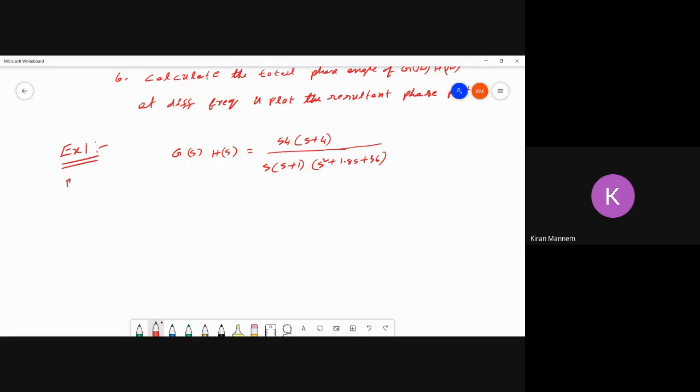So draw the Bode plot. If you have a logarithmic sheet, you try to draw this plot on the logarithmic graph. After completing this example, let us first apply step 1. So what is step 1?